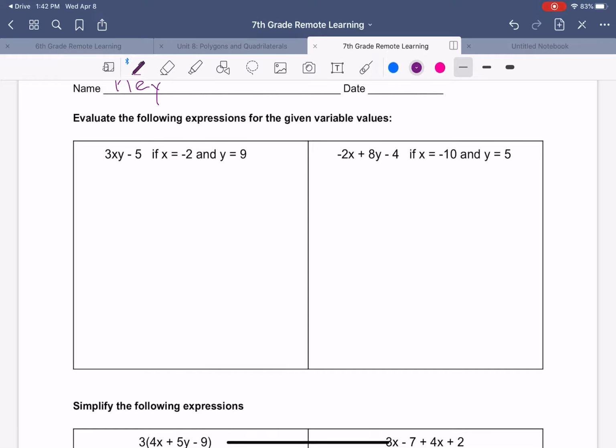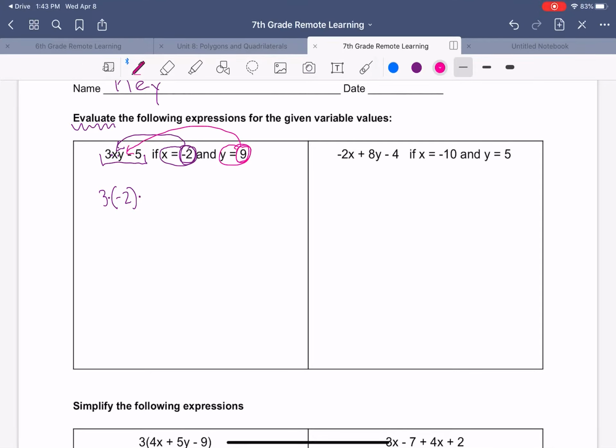So the first thing that we're doing is we're evaluating, which remember means we're plugging in values. So we have 3xy minus 5, and we know x equals negative 2. So we're going to take that negative 2 and put it right there. There's invisible multiplication in between my 3, my x, and my y, so I have to remember that means 3 times x. So 3 times negative 2, and then times my y, which equals 9.